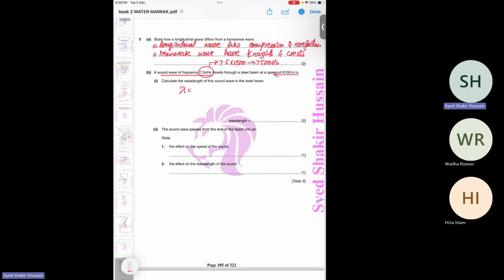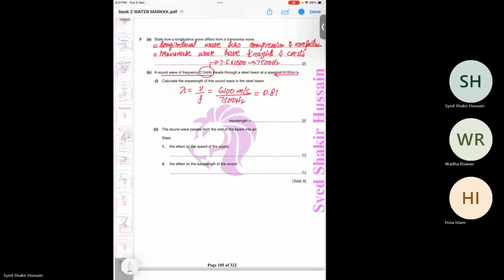So wavelength is V upon F. F is the frequency. V is 6100 meters per second, and F is 7500 hertz. So that makes it how much? I got 0.81 meters.